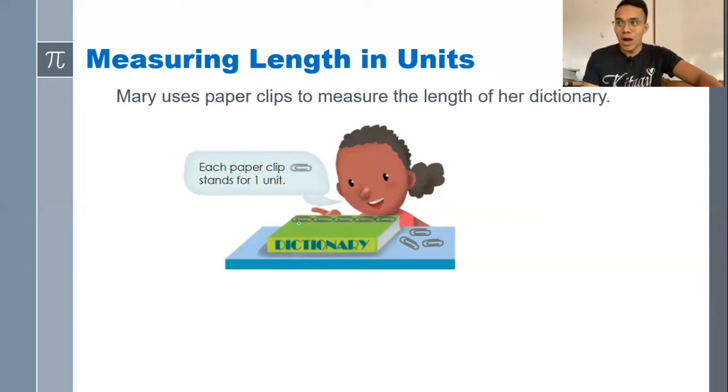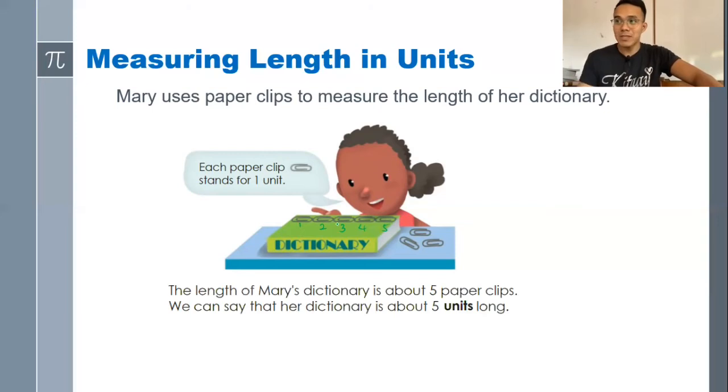We have 1, 2, 3, 4, 5. There are 5 paper clips. So the length of Mary's dictionary is about 5 paper clips. Therefore, we can say that her dictionary is about 5 units long. So instead of using the word paper clips, we're going to use units. So 5 paper clips is the same as 5 units.